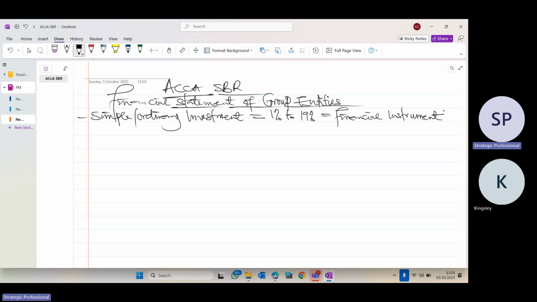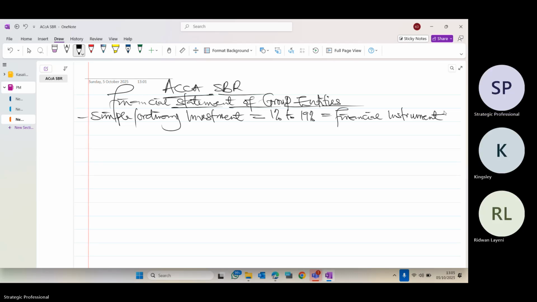What are the standards under financial instruments? Any idea? Kinsley, are you there? When we talk of financial instruments, what are the standards that we have? IFRS 9. We have IFRS 9.